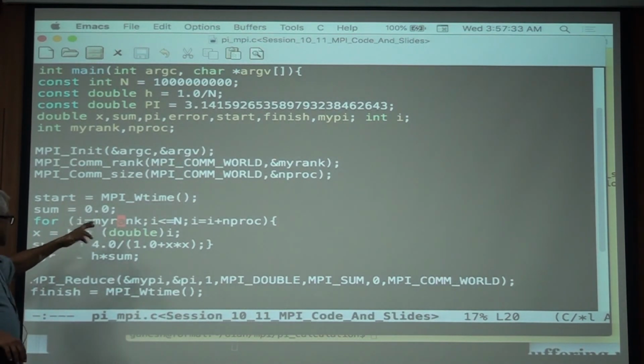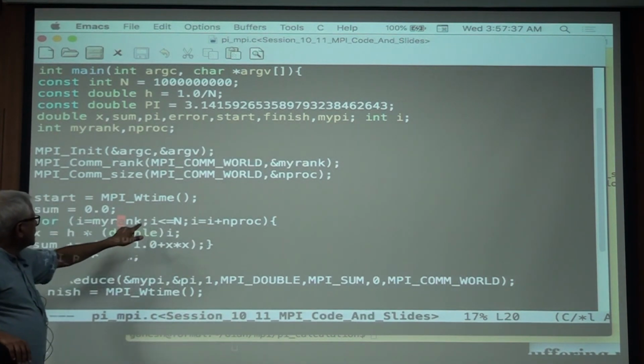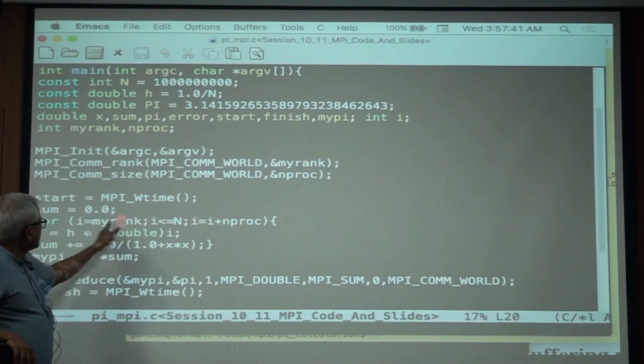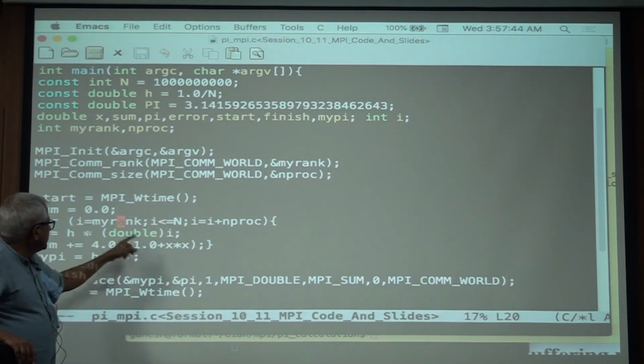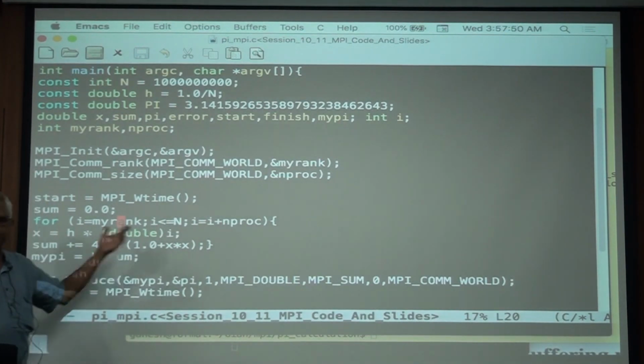Let us say process 0 goes from 0. If there are 4 processes, the next thing it will add is 4, then 8, then 12, 16, etc. So it has a certain partial sum only for those points in the series.